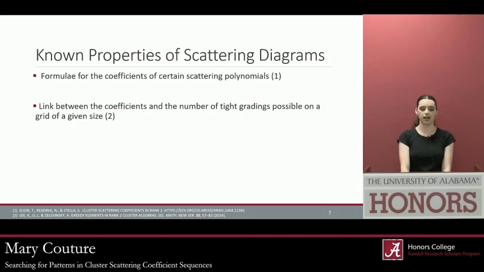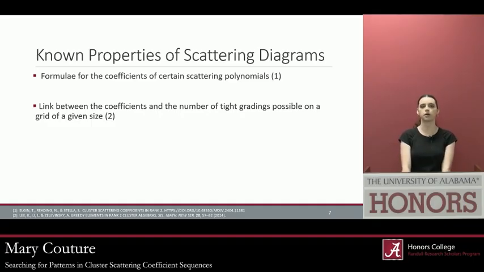Second, Lee et al. have described a link between the coefficient of any given part of a cluster scattering diagram and the number of tight gradings possible on a grid of a given size, determined by where on what scattering diagram it is. So both how far along the ray and what lattice point the ray originally passes through.